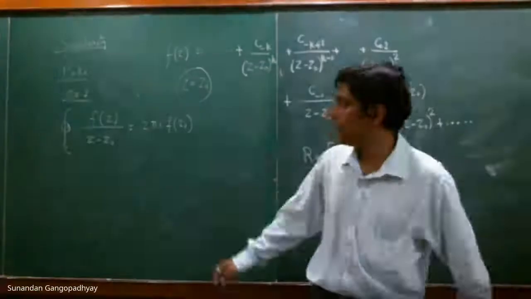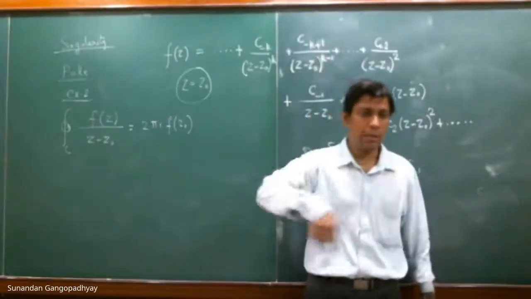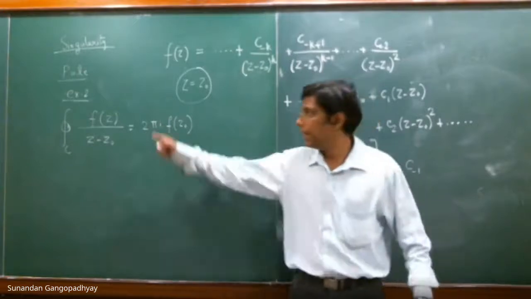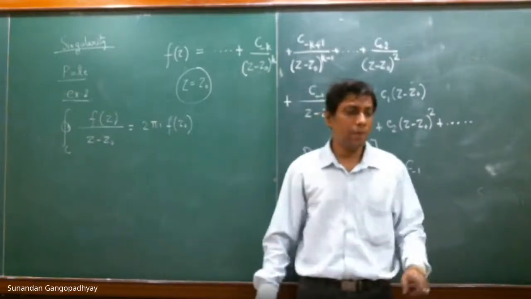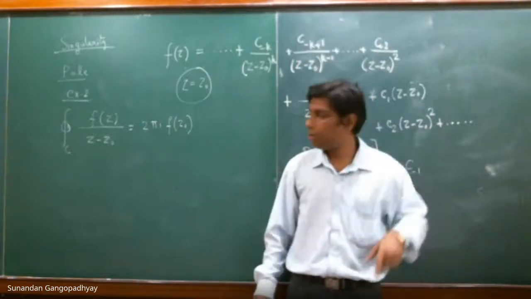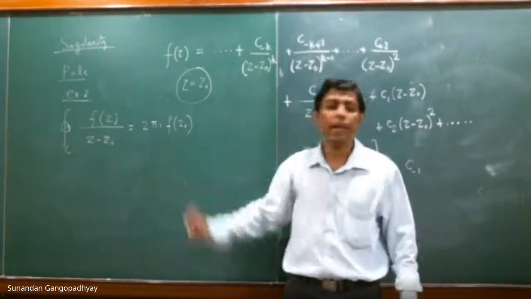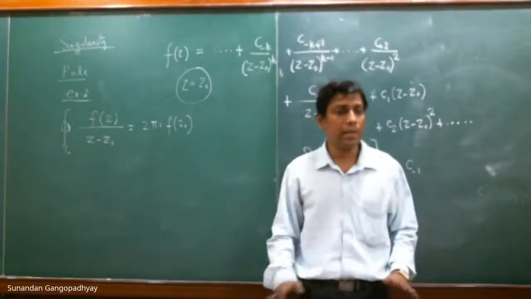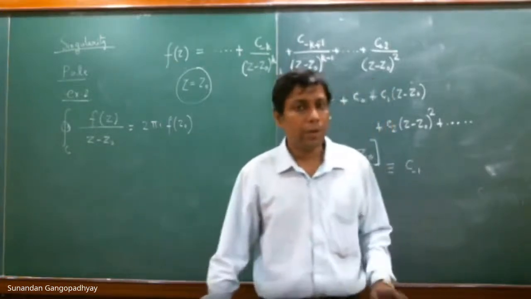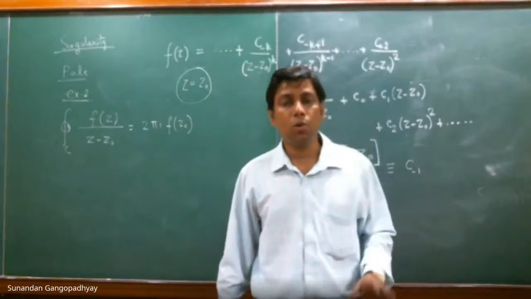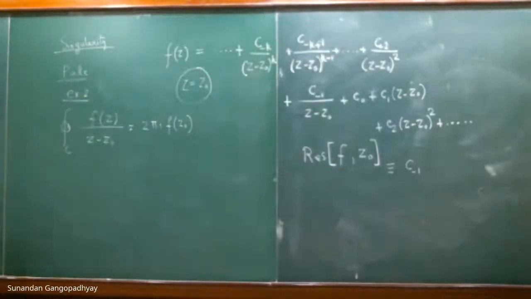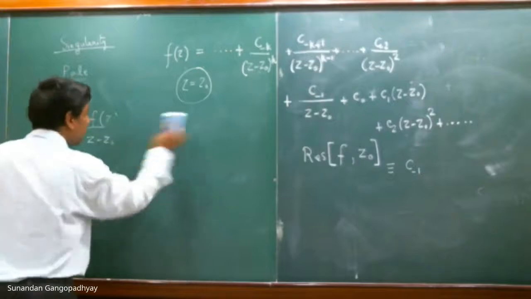If f of z is an analytic function in the region R bounded by this simple closed contour C, then the contour integral of f of z on this contour divided by z minus z naught is 2 pi i f of z naught. I told you that this result is actually related to the Cauchy residue theorem, but for that we need to know what is the residue of a complex function.